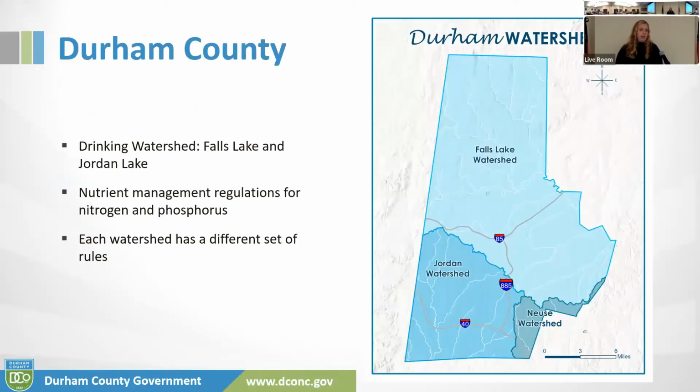Durham County, like all other municipalities and counties here in North Carolina, is subject to nutrient management regulations for nitrogen and phosphorus. For us, we have two important drinking water watersheds, Falls Lake and Jordan Lake, and each watershed has a different set of rules that we are expected to fund and enforce.